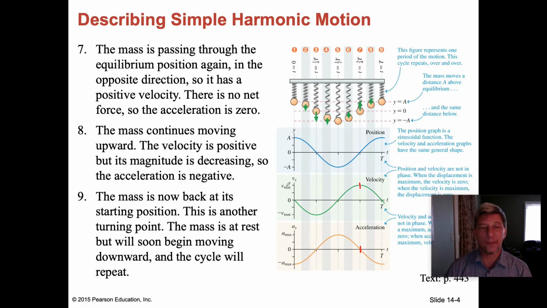At step 8, the mass continues moving upward. The velocity is positive, but its magnitude is decreasing, and therefore the acceleration is negative. And finally, at step 9, the mass is now starting back to its starting position, and we're right back to where we started at step 1.